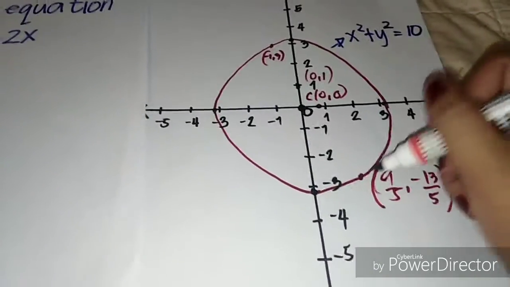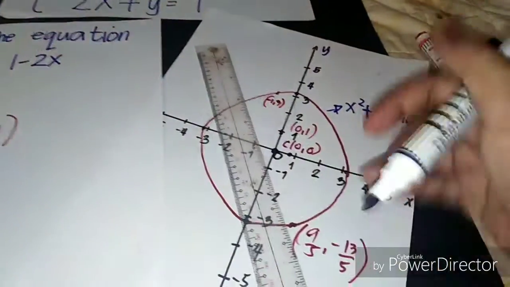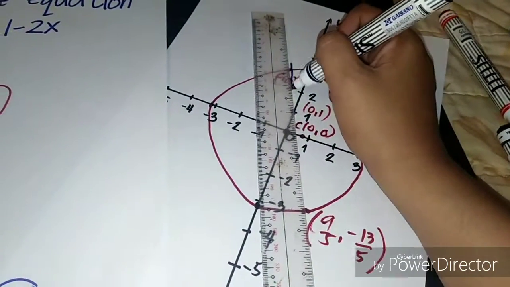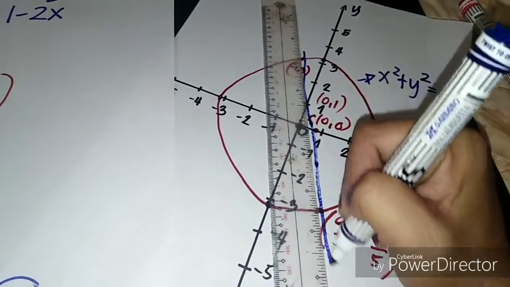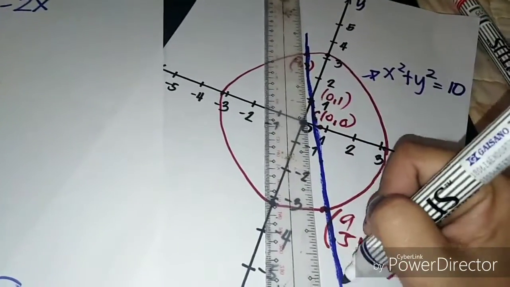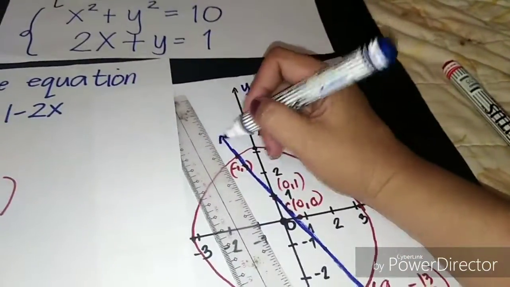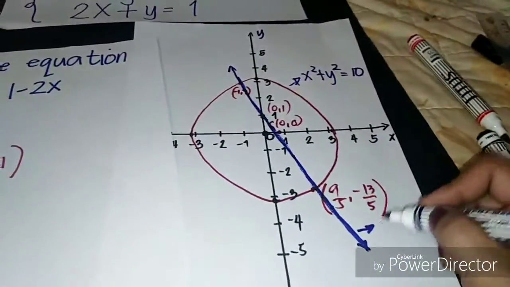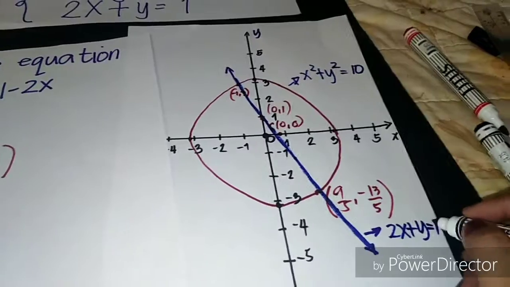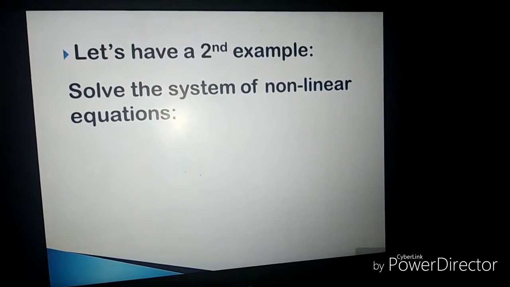Then, connect the points. So this is the graph of 2x plus y is equal to 1.